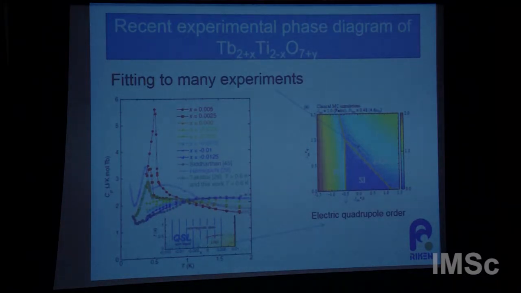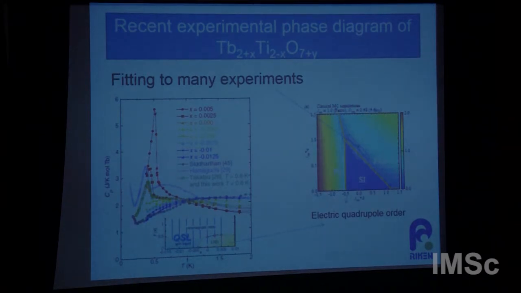So with this level of coupling constant, we should have a ferroelectric quadrupole state. But that prediction has not been tested directly by experiments. So we need to wait for the polarized neutron scattering.